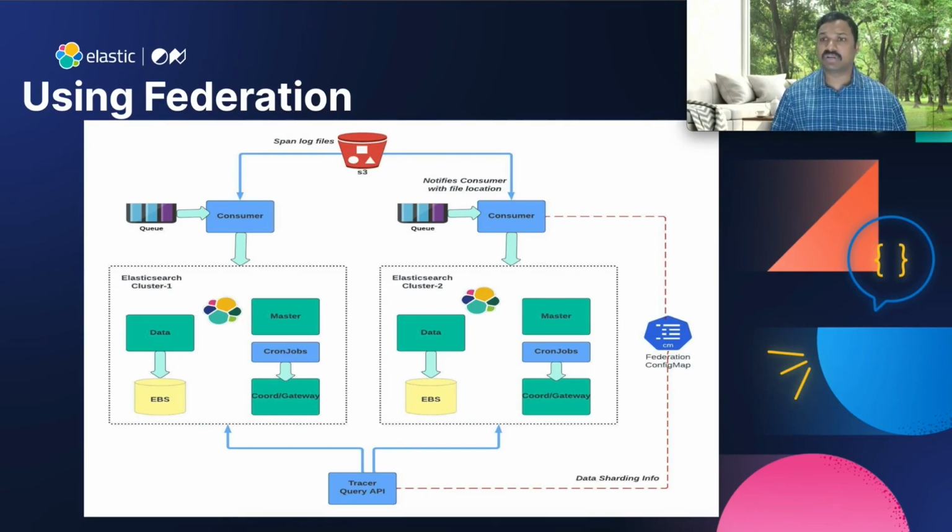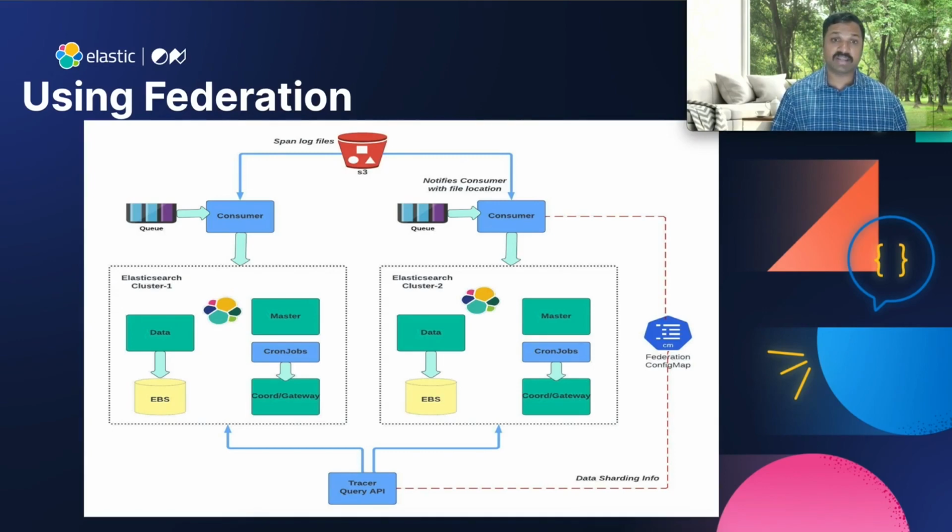But this was not a sustainable model for us, especially as it created issues during patching and upgrades, and it was a single point of failure. If something happened to the cluster itself, the entire platform was down. So we had to move to a more scalable model, and we use Elasticsearch Federation for it, by which we started writing different sets of data to different Elasticsearch clusters.